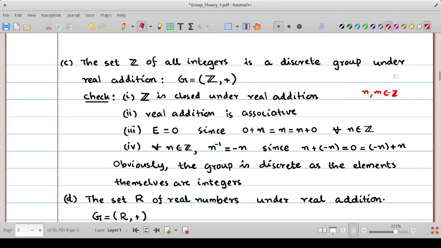And therefore, the set of integers is closed under real addition. Now we also know that real addition is associative, and the identity under real addition is the number 0. That is because any integer plus 0 is that integer itself.